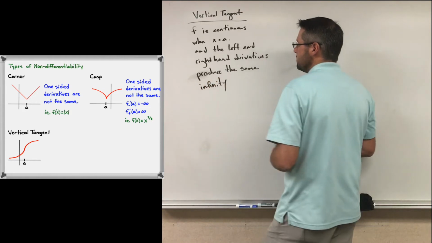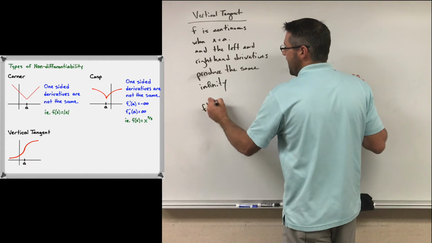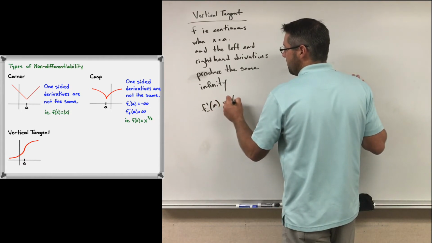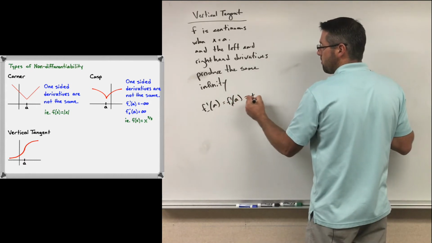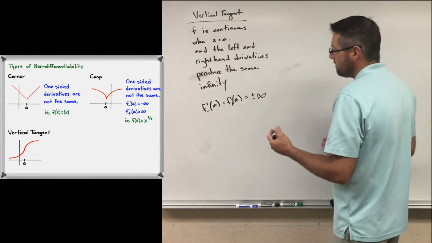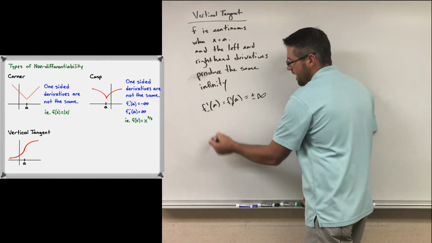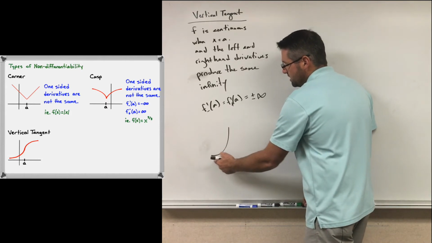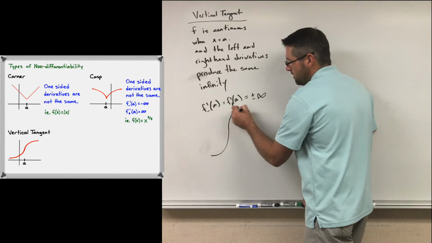Let's understand that. What that's saying is that f prime of a from the left is equal to f prime of a from the right. They're the same infinity, which equals plus or minus infinity. Graphically, if I graph f prime of a from the left going off to positive infinity, it's increasing, and from the right it continues on in that fashion.